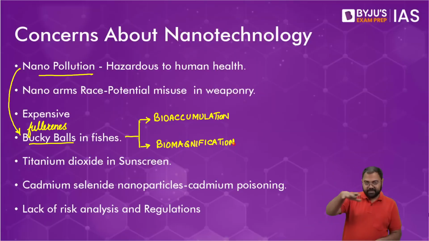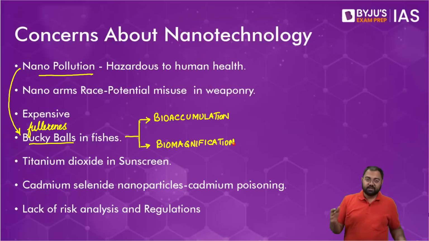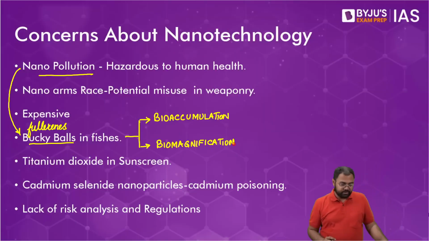Bioaccumulation is when it is happening horizontally in a species at a trophic level, and biomagnification is when it goes from one trophic level to another, from a lower trophic level to a higher trophic level. So because of all this, we'll see that the pollution levels will only increase from lower trophic level to higher trophic level. So that's why this also is a problem.